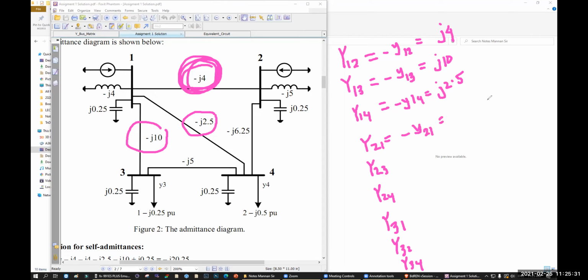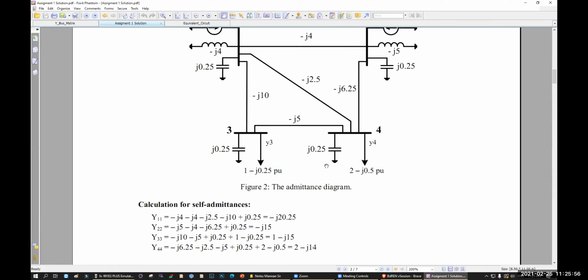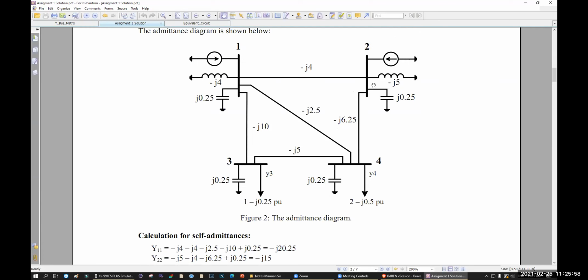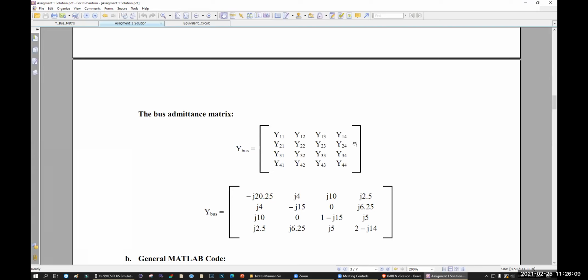All of them are plus because there is a minus in front of it, so they become plus. Y23, when you do not have any admittance from 2 to 3 and 3 to 2, that will be 0. So you got all the values, then you put them in the Y bus matrix. That's it. Your work is done. Understood, everyone? Yes, sir. Now let's do one from here.